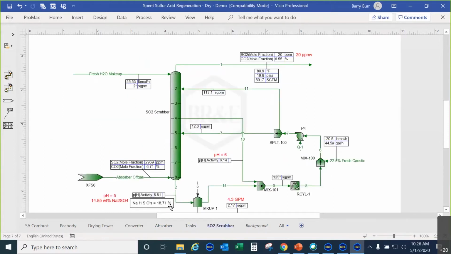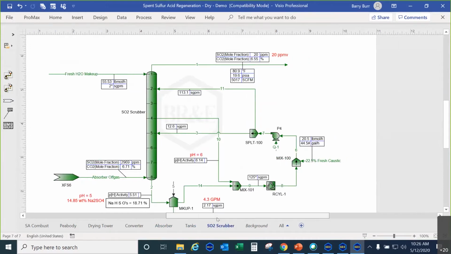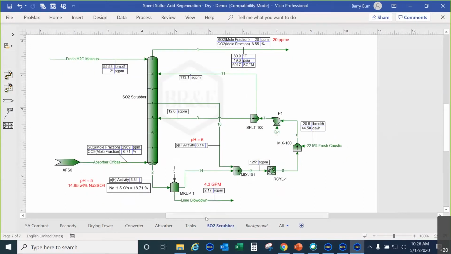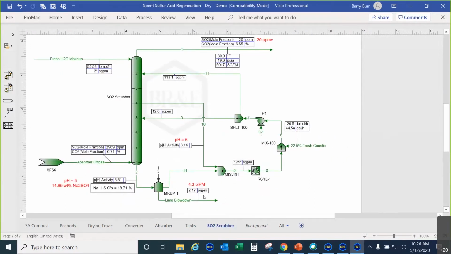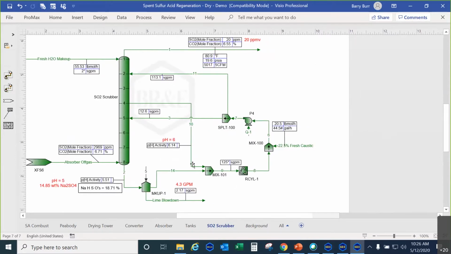And now that vent gas that has some SO2 in it has to be scrubbed of the SO2. And in this case, there's a two-stage caustic scrubbing system. This system is where we need an electrolytic environment.